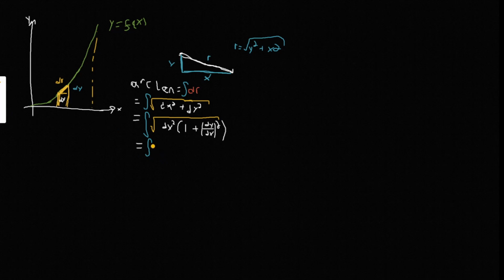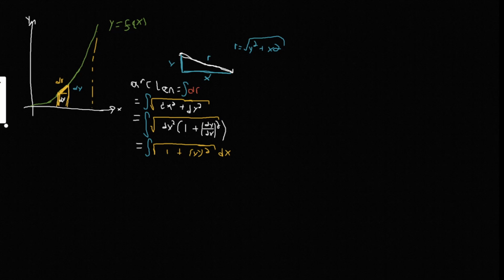So we have the integral of the radical of 1 plus y prime squared, and then we're going to do this in terms of dx. We are doing this in the x world. And this is the formula for arc length.